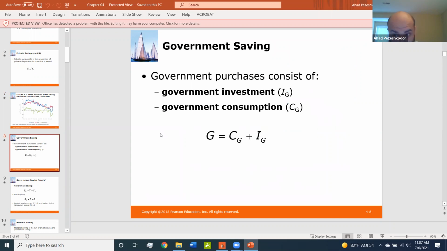So, government saving. We talked about private people saving. Me and you, we save our money. Companies also save and invest. They could deposit their money in a bank, or they could invest it in a new factory. They could build a new plant.